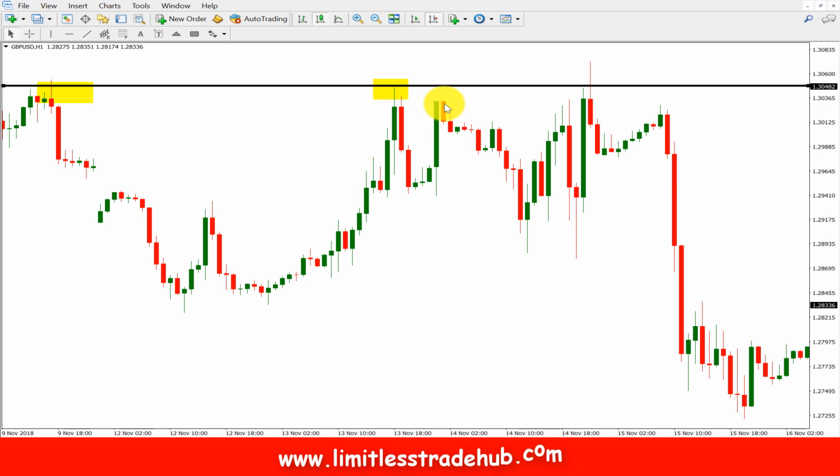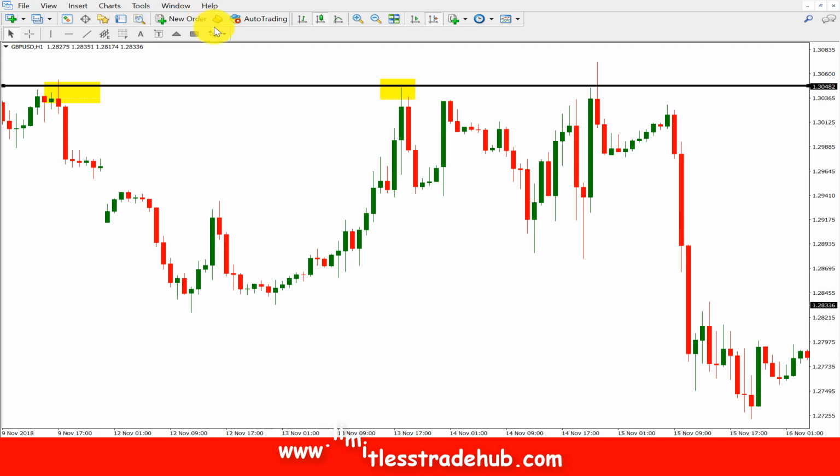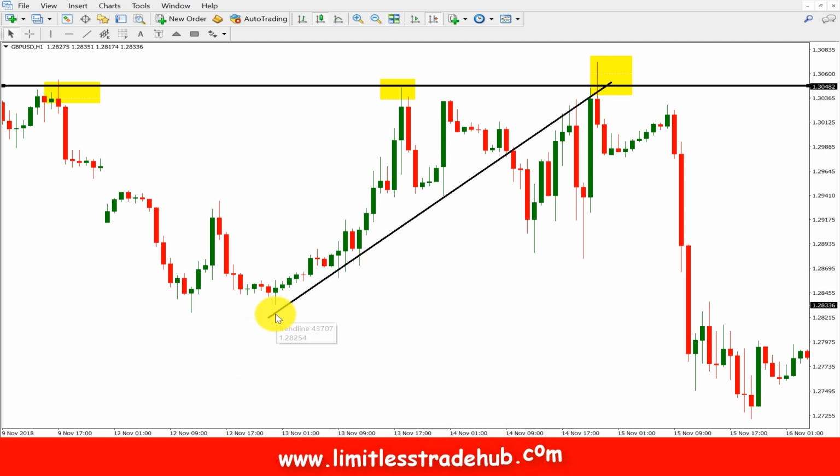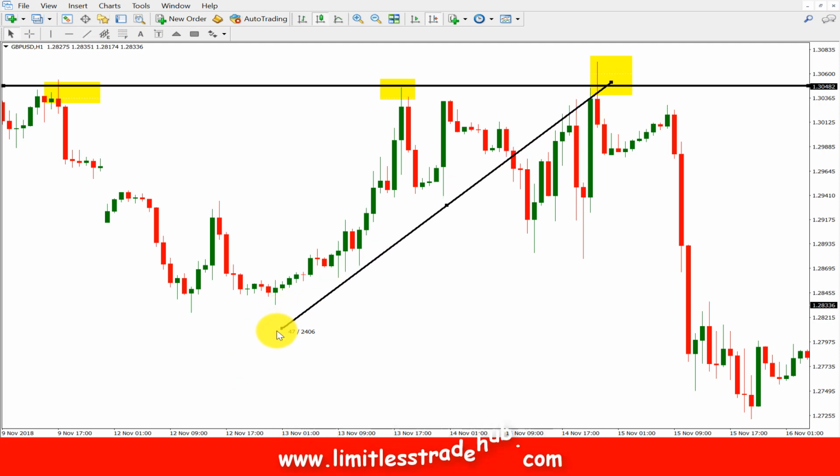Although the market tried to go up, it didn't, and we can see some rejection from here. So we can clearly tell that this is our resistance zone, and then we will draw another line. First we draw a horizontal line, then we will draw a trend line.